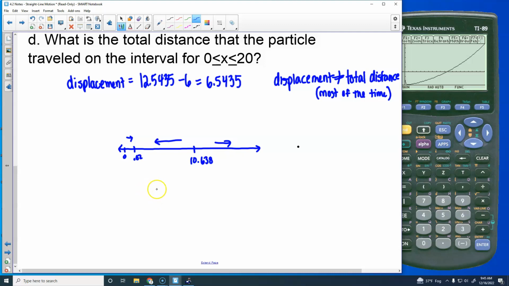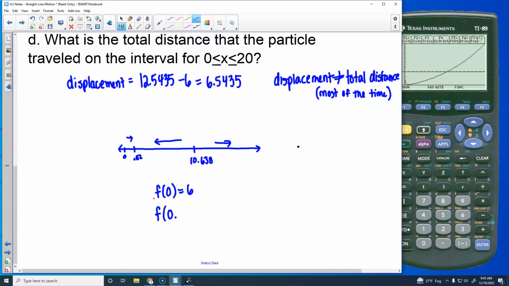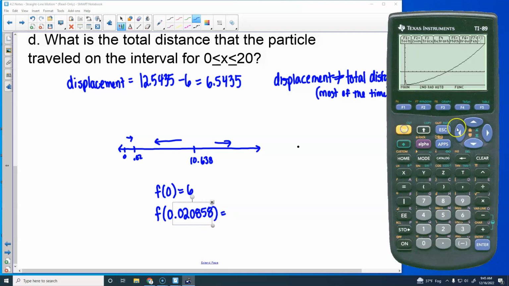We already found f of 0. It was 6. If I find f of 0.020858, all right, that was my first critical point. I should be able to do just y1 of 0.020858.